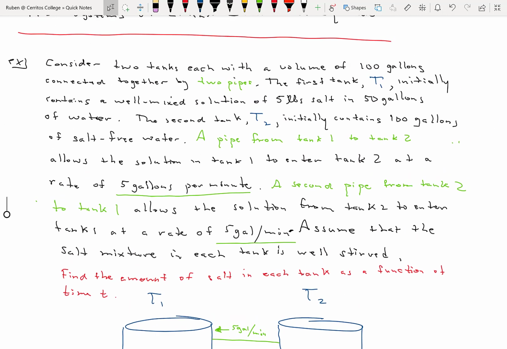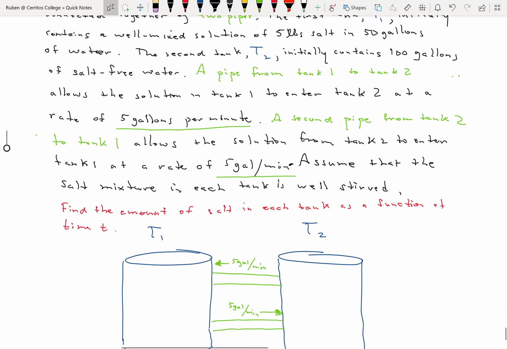Okay, the first tank, T1, initially contains a well-mixed solution of 5 pounds of salt in 50 gallons of water.